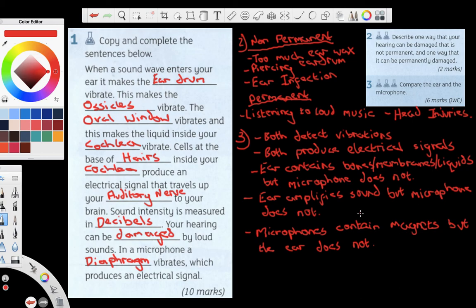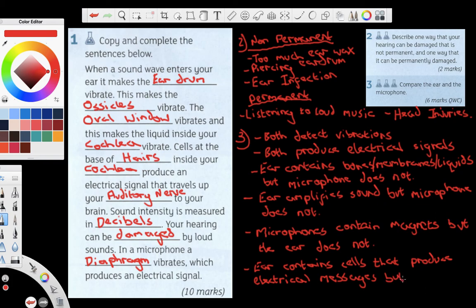The ear contains cells that produce electrical messages, but the microphone does not.